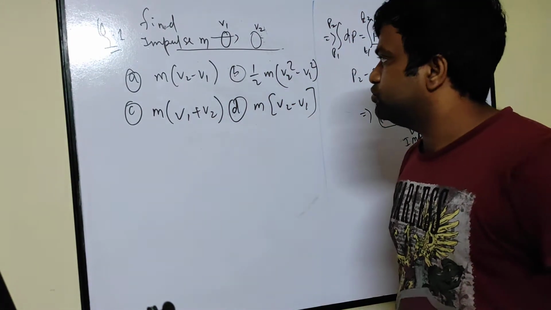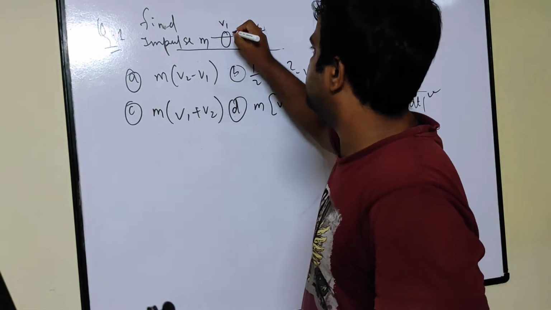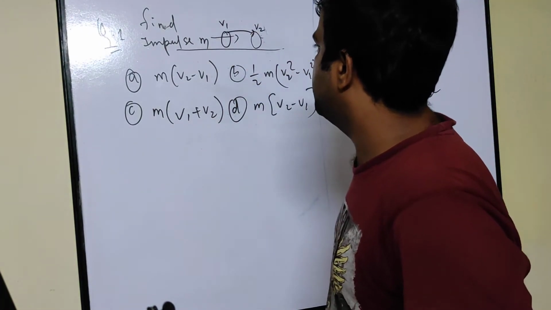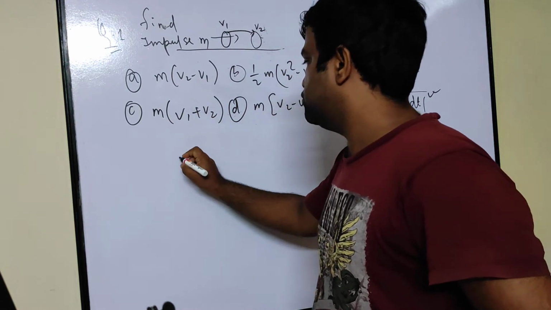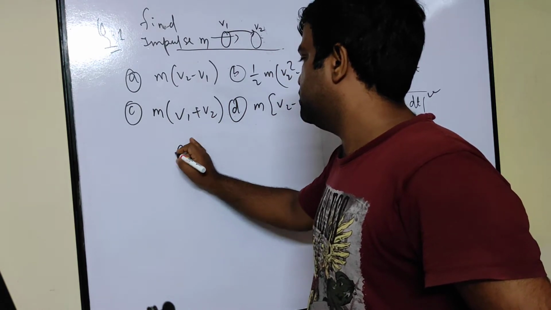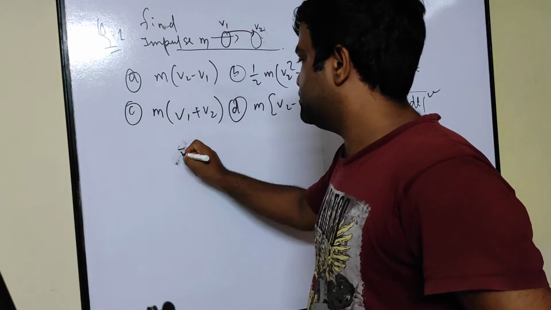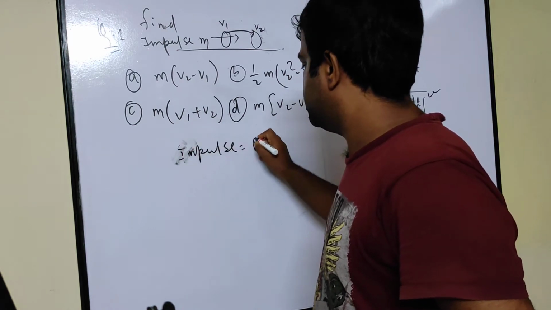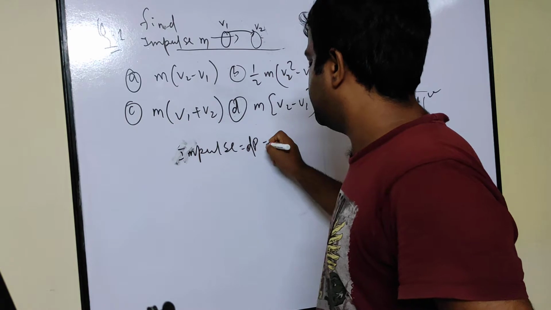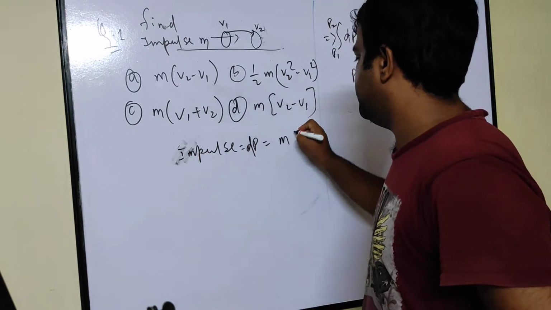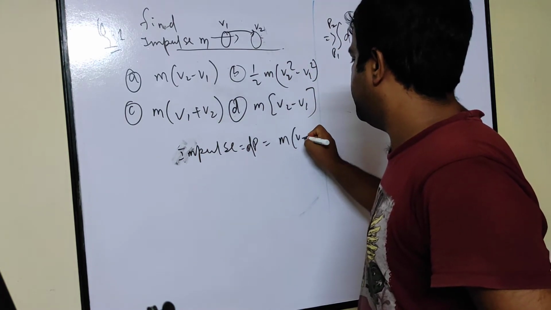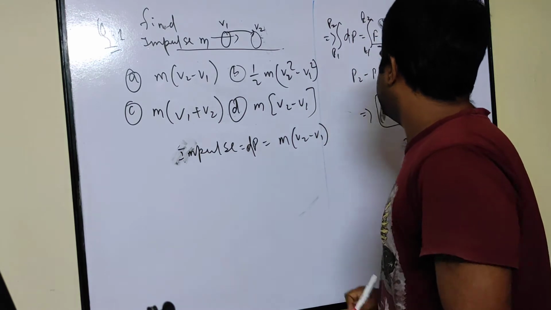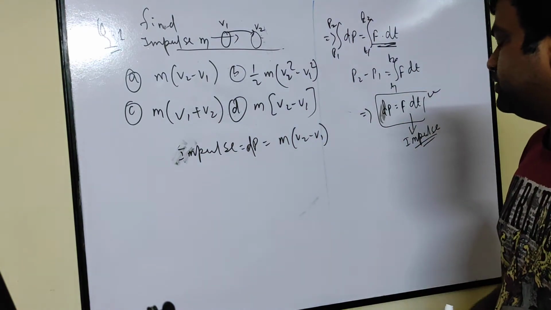So it is very simple. The velocity changes from v1 to v2 and the mass is m. So your impulse is delta p or dp, that is m into v2 minus v1.